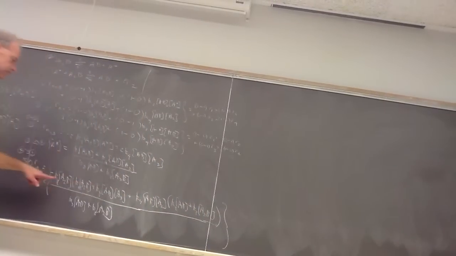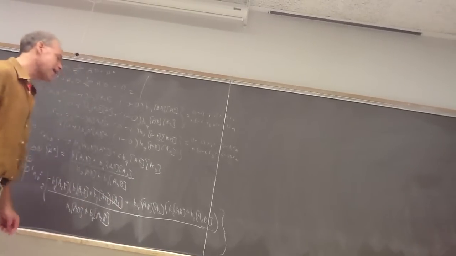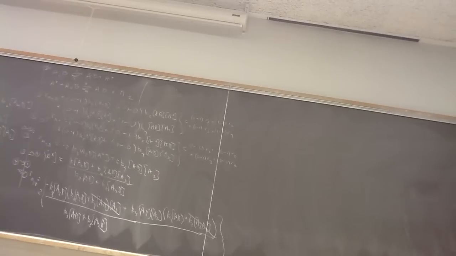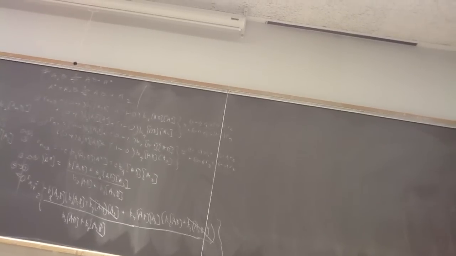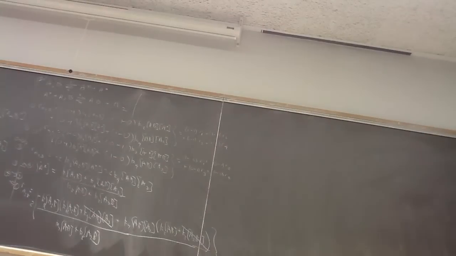This one comes with a plus sign, this comes with a minus sign. So the K4 term here cancels the K3 term here, and I'm left with precisely 2 terms. Is that clear?